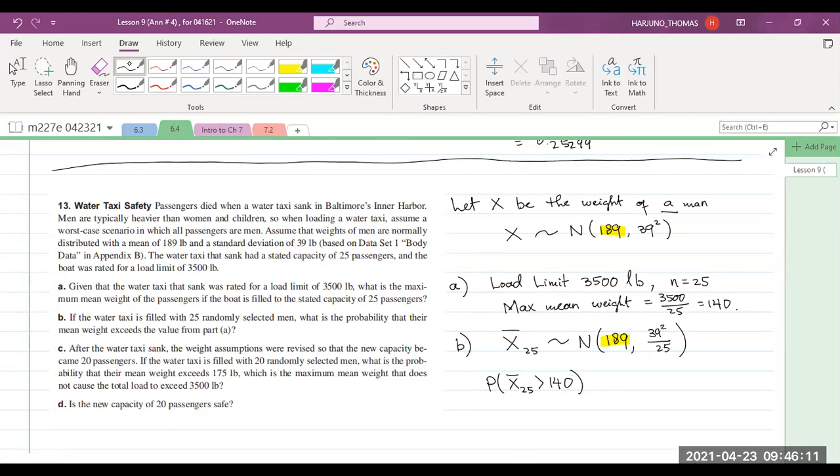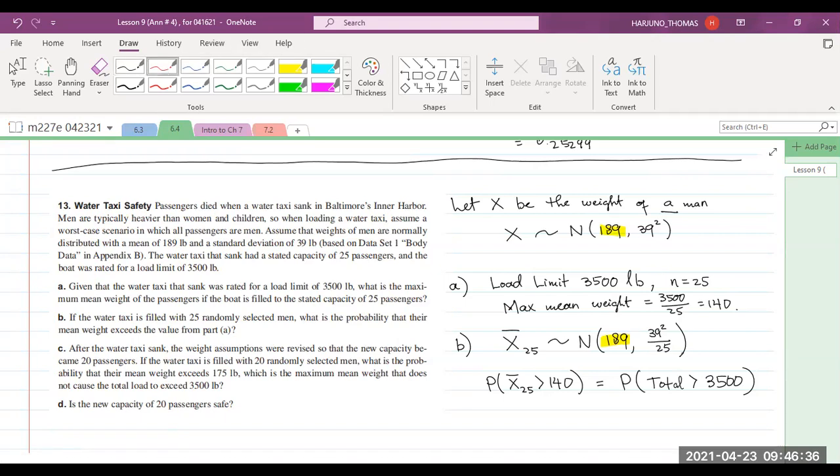We can also see it this way if I relate that to part A. Suppose you have 25 men on that boat. What is the probability that the total weight is more than 3,500? Well, if the total is more than 3,500, then the average must be more than 140.